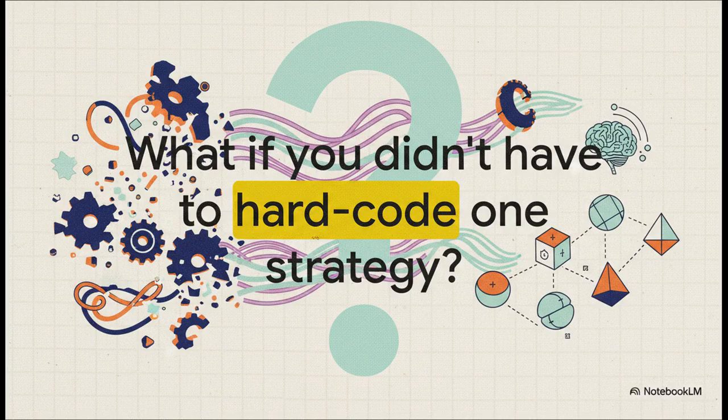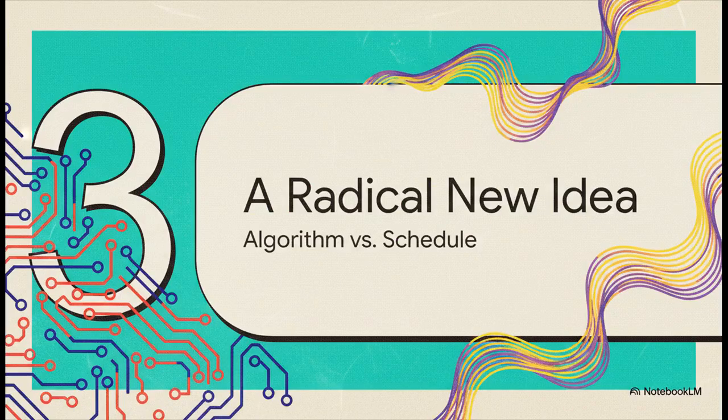This made the code super complex, really brittle, and totally locked into one specific kind of hardware. But what if you didn't have to choose? What if you could separate the recipe from the master plan for cooking it? And this right here brings us to the absolutely radical idea at the very heart of Halide. It's a complete rethinking of how we should write high-performance code.